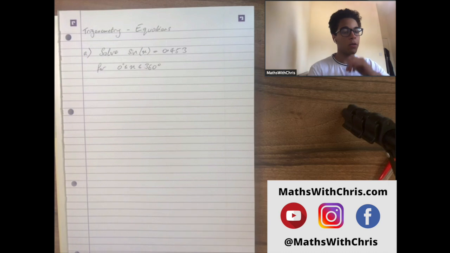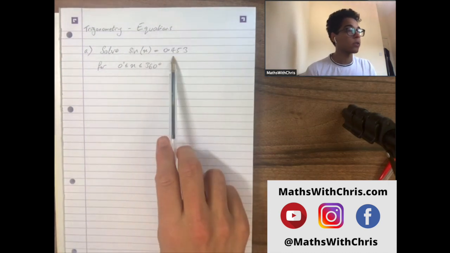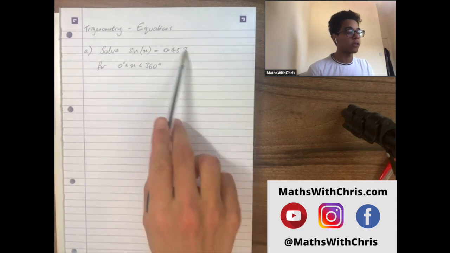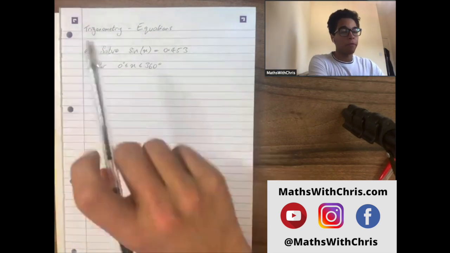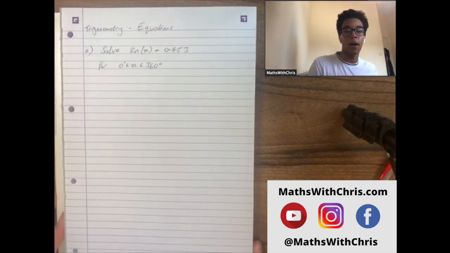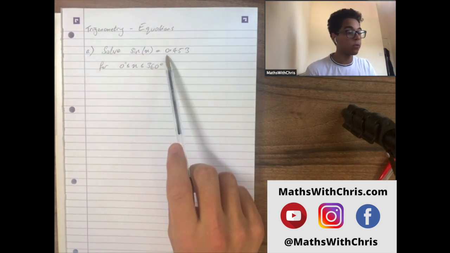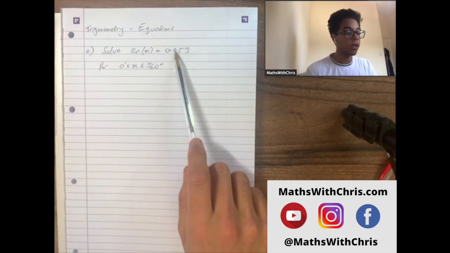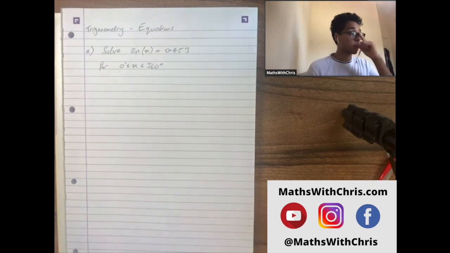Okay, so the first equation we're going to try and solve is sine of x equals 0.453. So this is just a number, it doesn't matter specifically. So now we've replaced theta with x, but we can still think of it as the same thing. So I've written down solve sine x equals 0.453, and that's for x between 0 and 360.